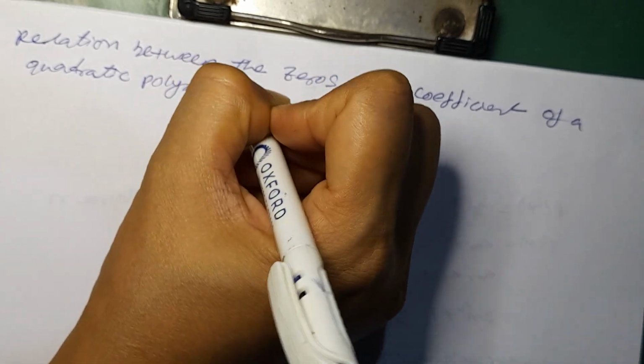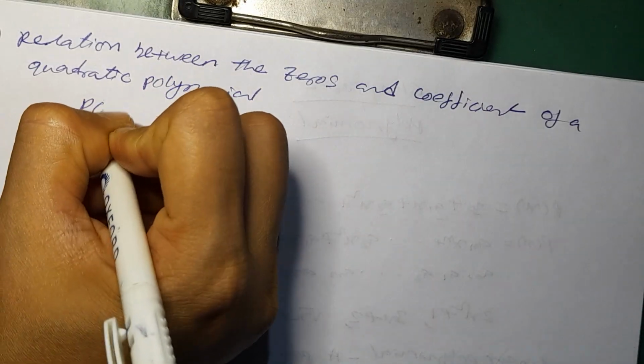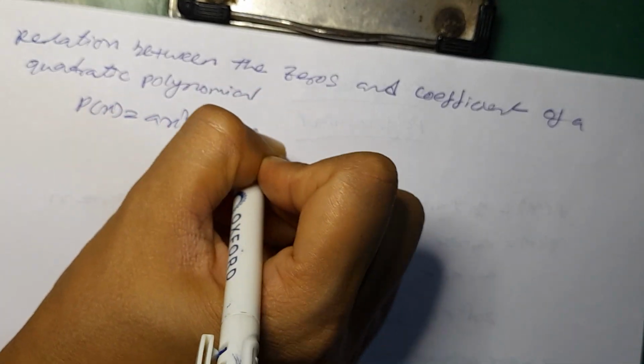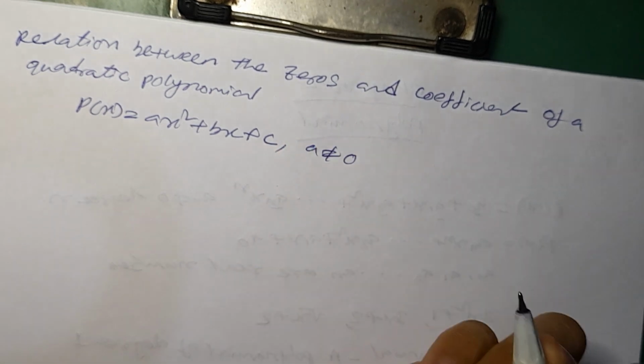First, what is a quadratic polynomial? A quadratic polynomial p of x has the general form a x square plus b x plus c, where a does not equal 0. This is a quadratic polynomial.